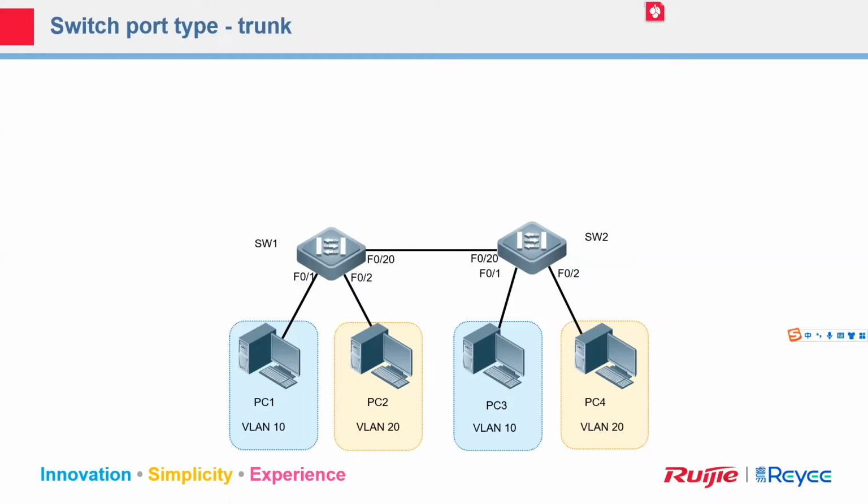So in this scenario, if we only have access interfaces, can PC1 communicate with PC3 and PC2 communicate with PC4 or not? If we only have access, can the same VLAN communicate with each other or not? Who can give me the answer? If we only have access interfaces, can they communicate with each other?